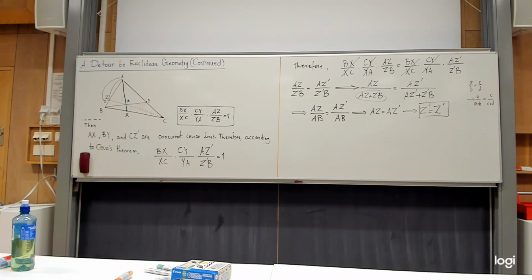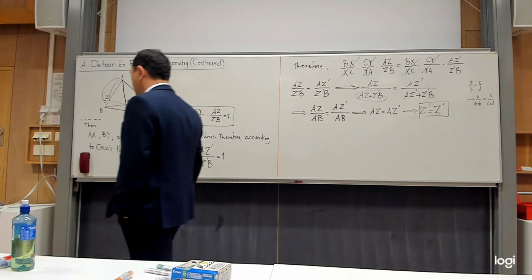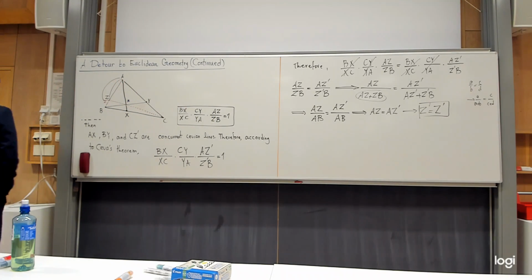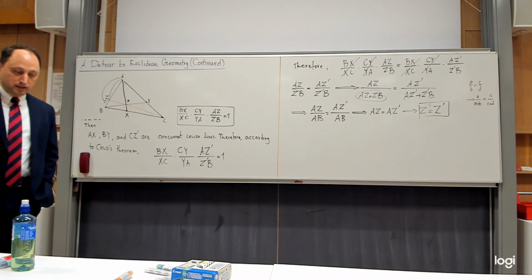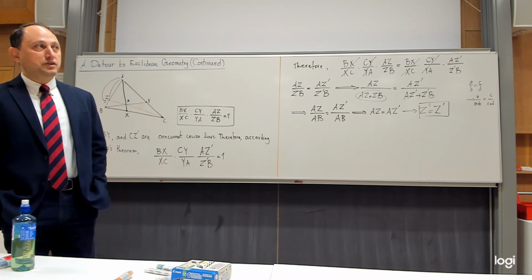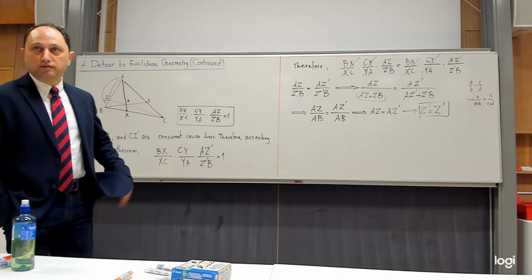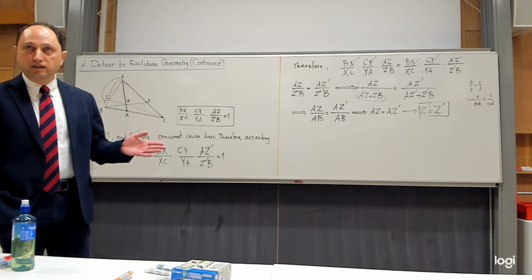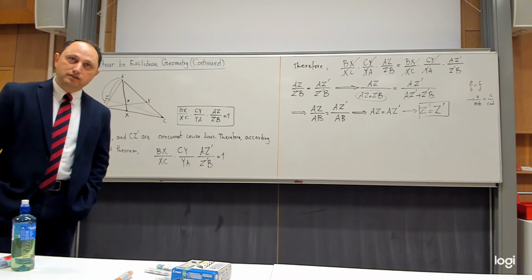Is that clear? Okay. Now, I like this theorem because it unifies all those concurrency theorems that we had before. Yes. So we learned that there are three famous Cevian lines in a triangle. What are they? One of them we started with first was the median, and then the angle bisector, and the other one was the altitude or height.